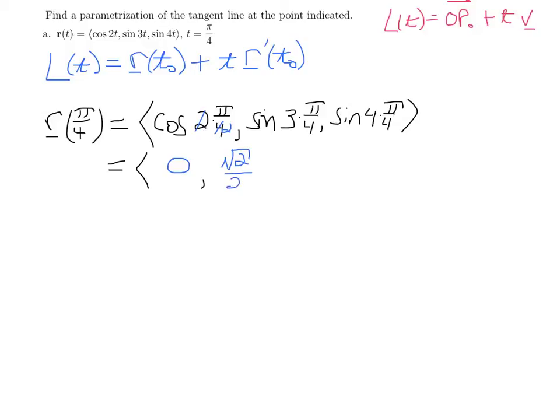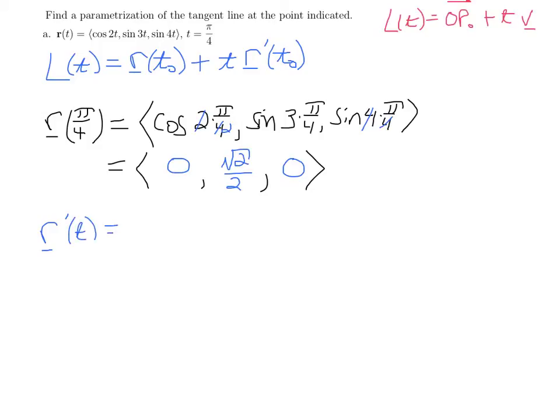So that's square root of 2 over 2. And these 4's cancel to give me a sine of pi, and everyone knows that the sine of pi is 0. So there's r of pi over 4, and that is going to be this point here.